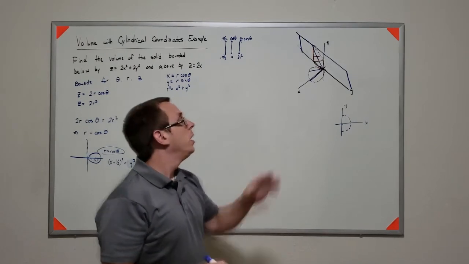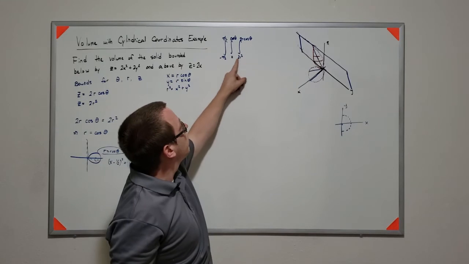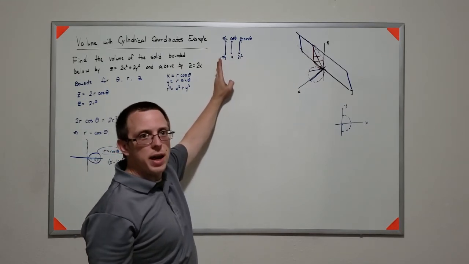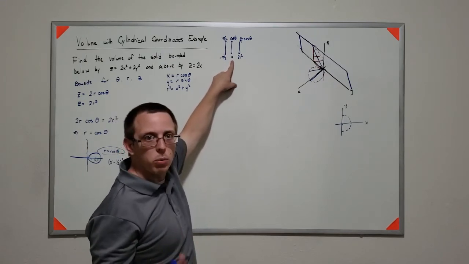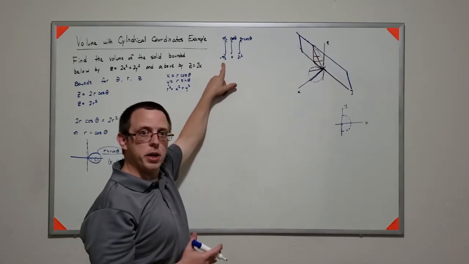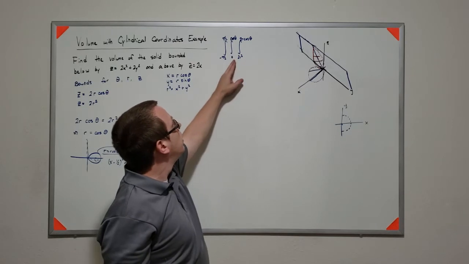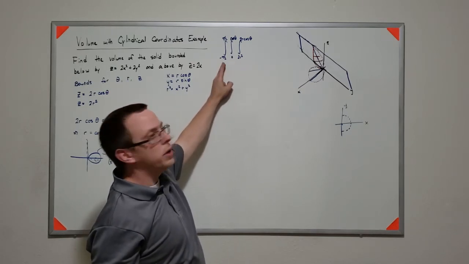Remember, the bounds can depend on things going backwards, but as you go back, eventually you can't have things depend on anything. If this thing had a z in it, it would be improperly formed. If this outermost bound had anything but constant numbers, it would be improperly formed and impossible to solve for. So this can depend on anything going backwards, this can depend on that one, and so on.